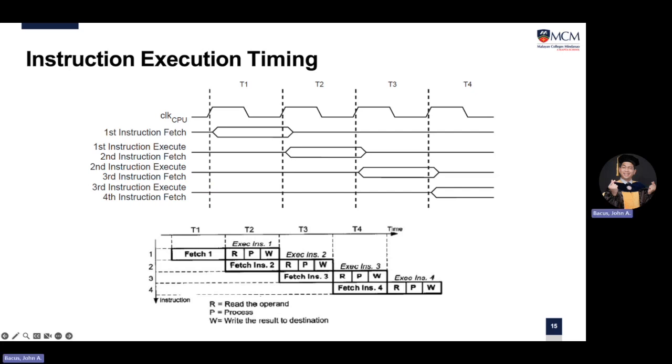And in T4, we can see the pipeline continues, with multiple instructions being processed simultaneously. So it is fetched on T4.